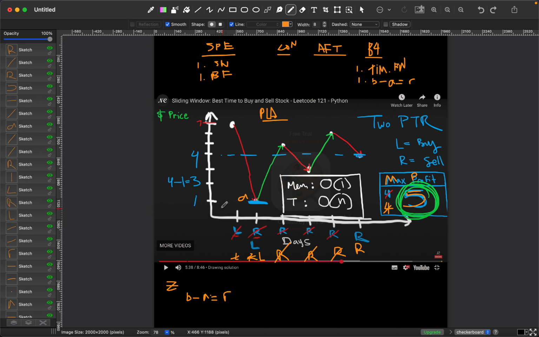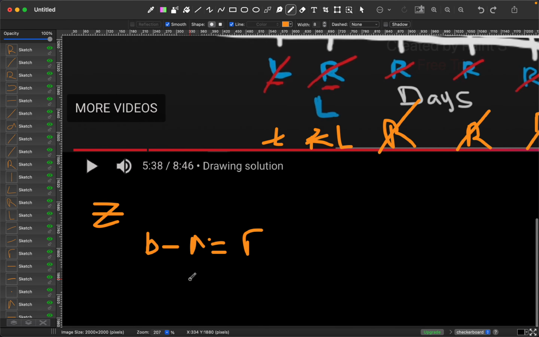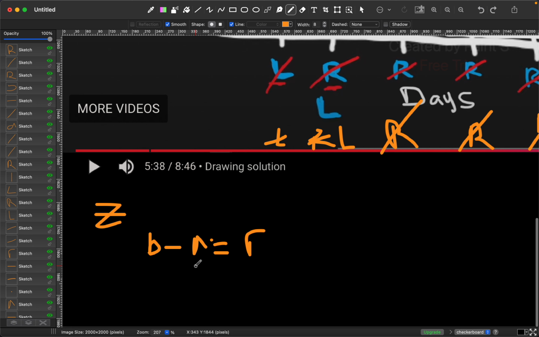We basically intuitively tell ourselves where we want to plant our A, right? We can tell where we should plant A, where we should plant B. For the Z operation, it's definitely this A value we want to be as low as possible, and for the B value we want as high as possible.